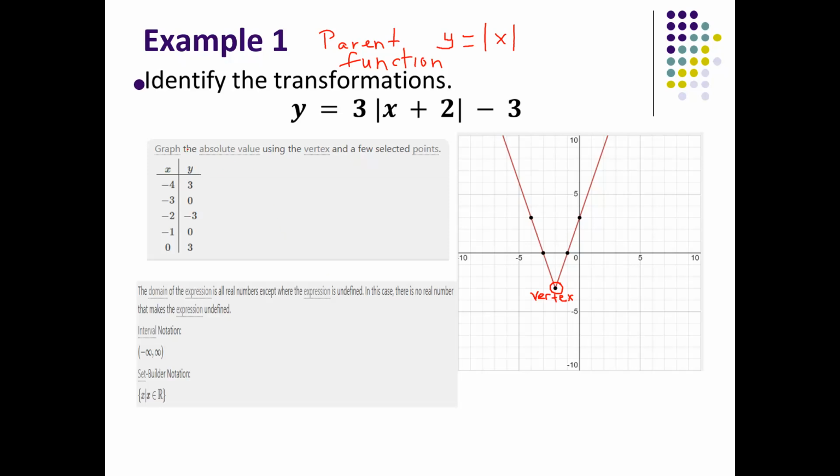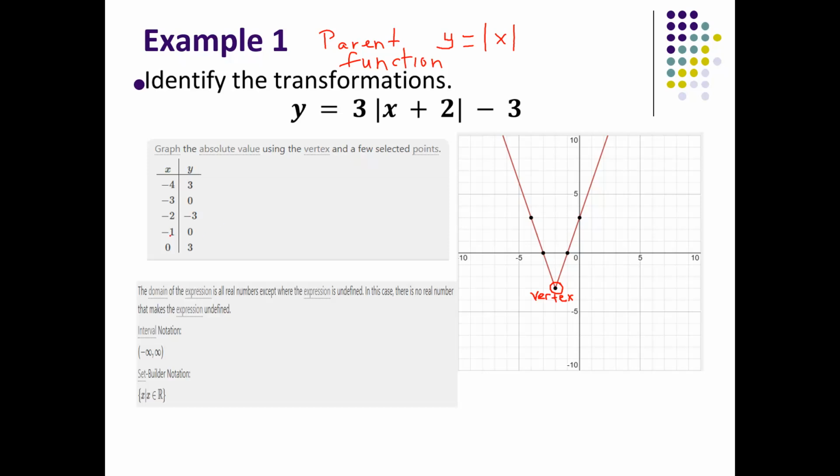We're also going to graph this absolute value function using the vertex and a few selected points. As circled here, this is our vertex. And then we went and found our x-intercepts. So here you can see on the table of values, one of my x-intercepts is -3, 0.